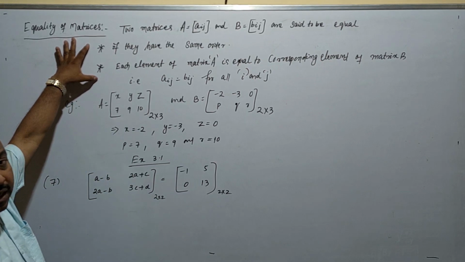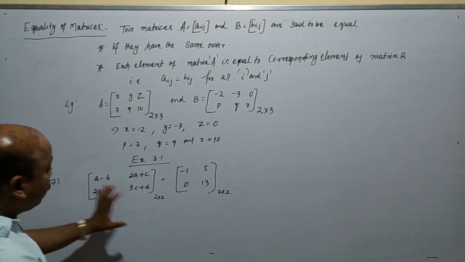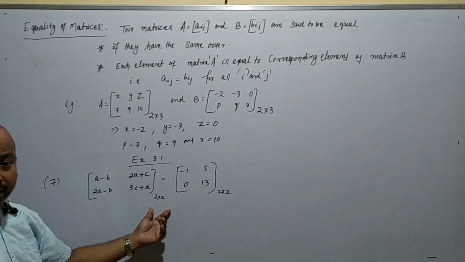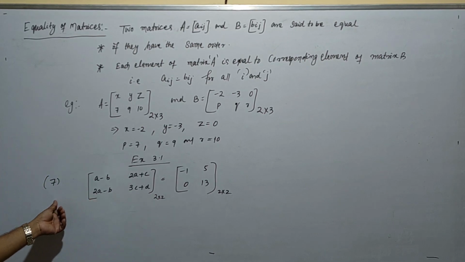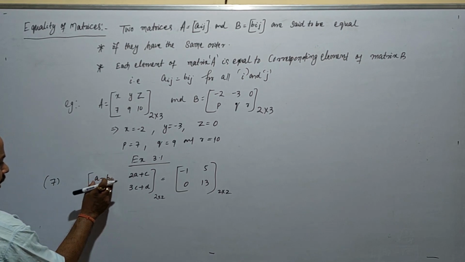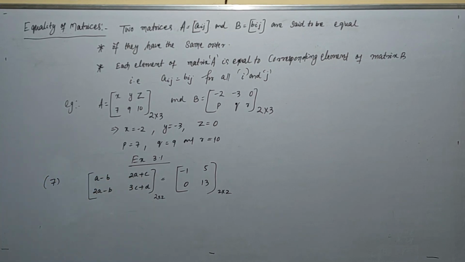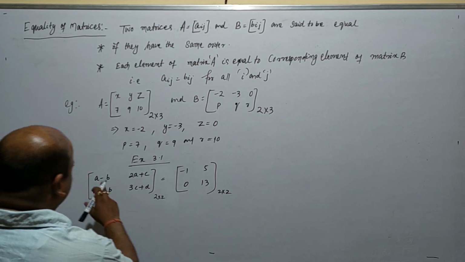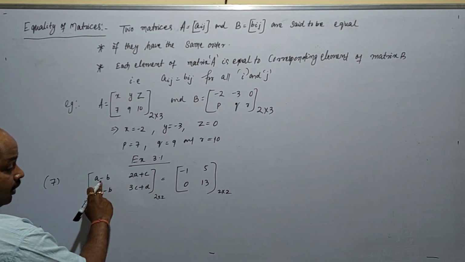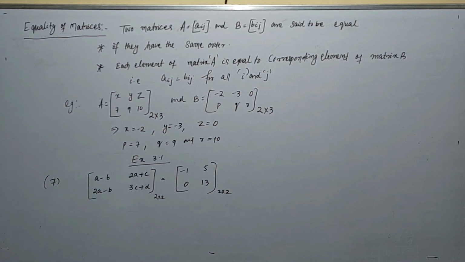What does the definition tell? They have the same order. So if they are equal matrices, their corresponding elements are equal. Each element of the first matrix is equal to the corresponding element of the second matrix, so a11 of the first one is equal to a11 of the second one, and so on.